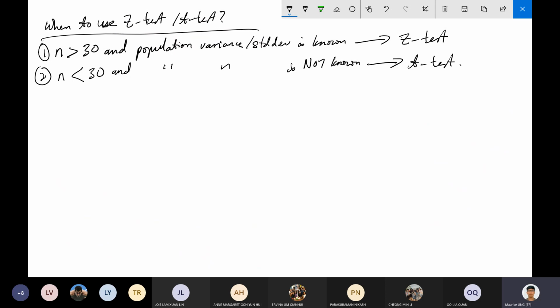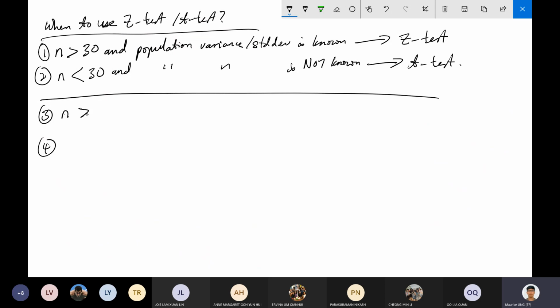So the other two in between are the problematic ones. Okay. So this is no problem. So you have the third condition and the fourth condition. What happens when sample size is more than 30, but the population variance is not known?